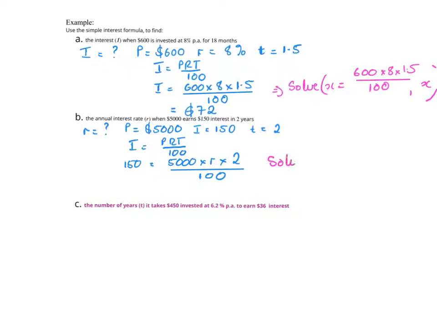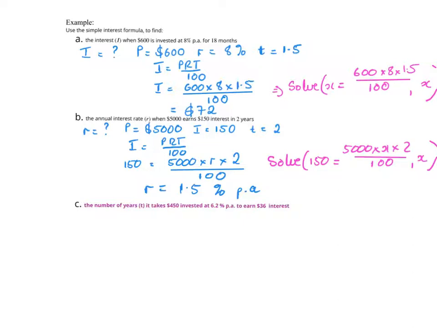So it would be solve 150 equals 5,000 times x times 2, all divided by 100, comma x. Now in this case, your x is going to be R. So when we put that into our calculator, we find that R is equal to 1.5, and that is 1.5% per year. So that's what my interest rate is.